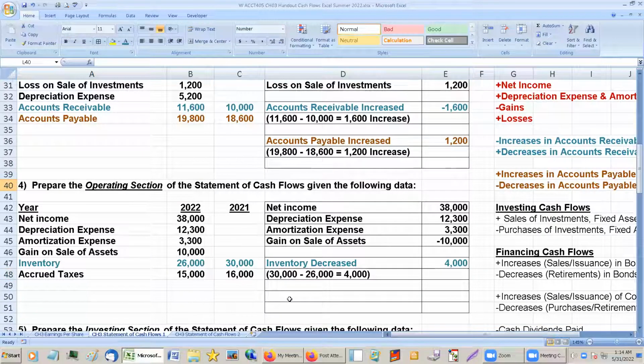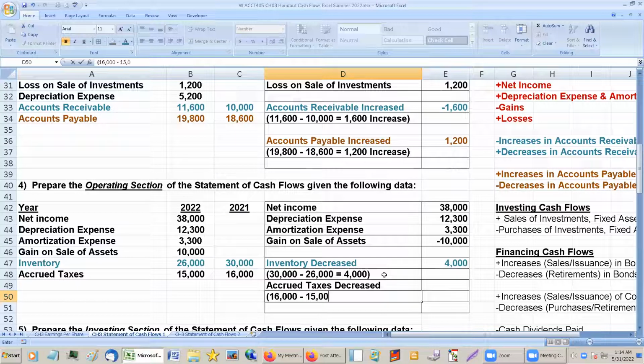So accrued taxes, let me put it here. Let me put 1,000. If it's a liability and it decreased, you must have paid it.